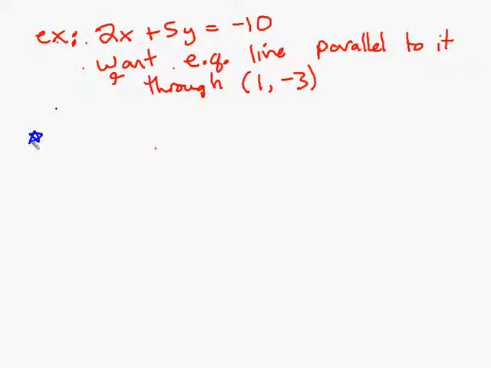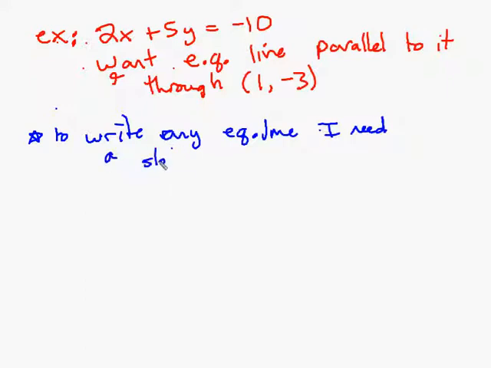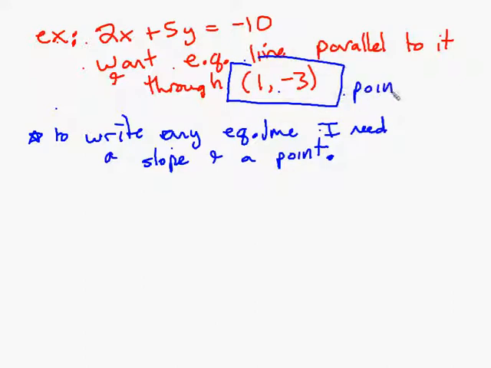And this is an important fact: to write any equation of a line, I need ultimately a slope and a point. Now in this case, I have the point, don't I? There's my point, (1, negative 3). Well, I need the slope.